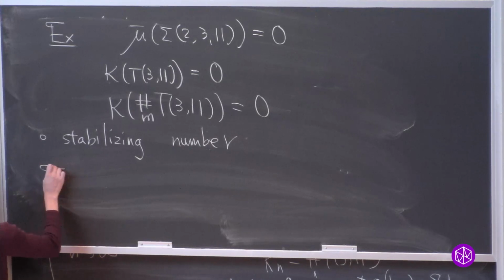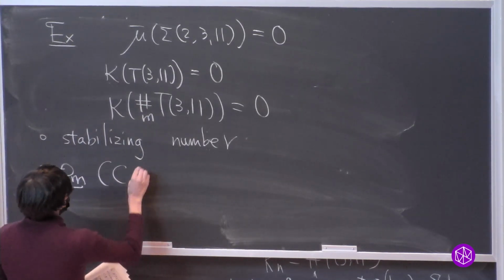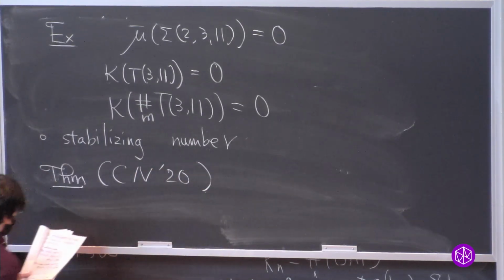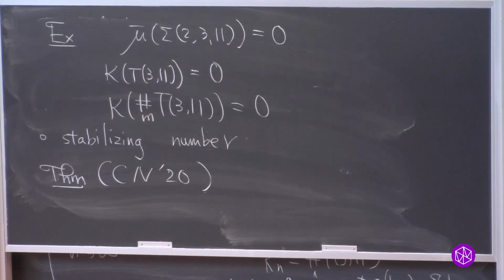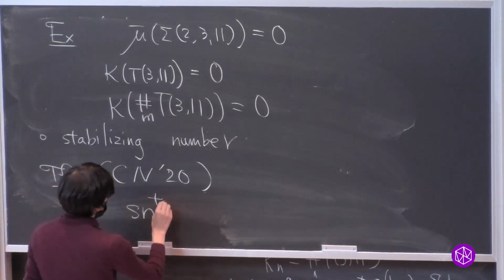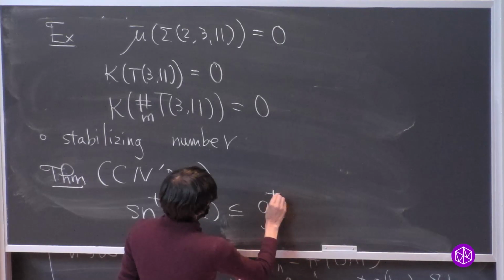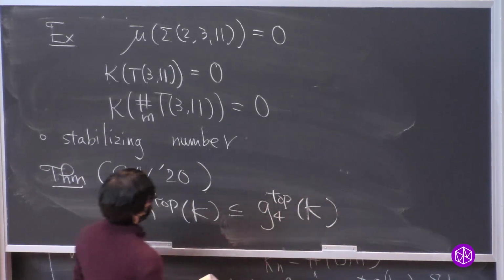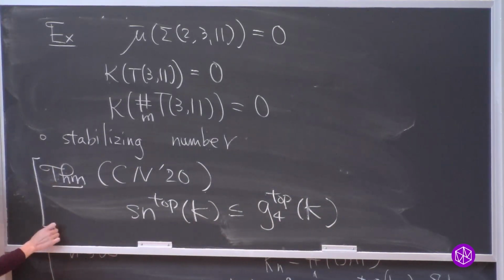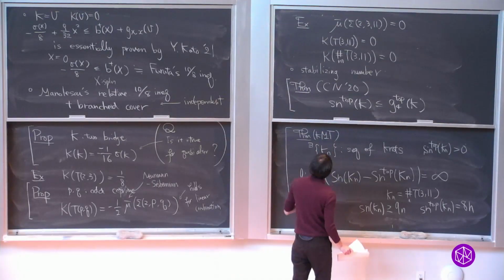Recently, by several works, we can determine the topological stabilizing number. So this is again the Conway-Nagel result. Under the condition of the alpha invariant, we can give this upper bound for any knot K. So the topological stabilizing number is bounded by the topological four-genus.